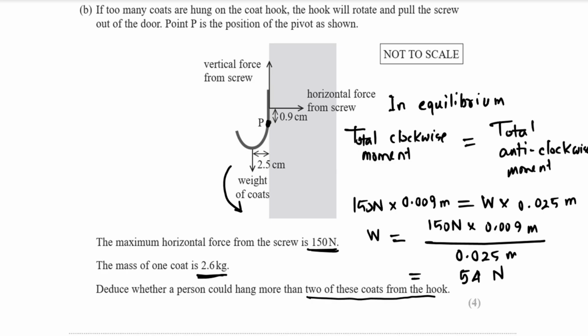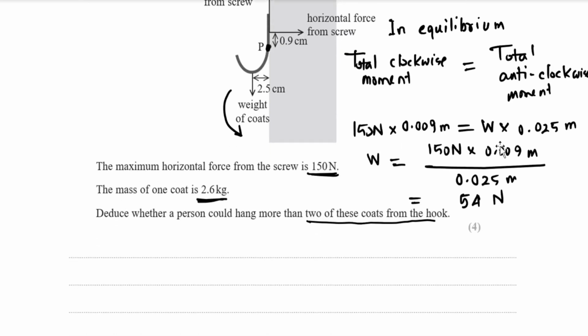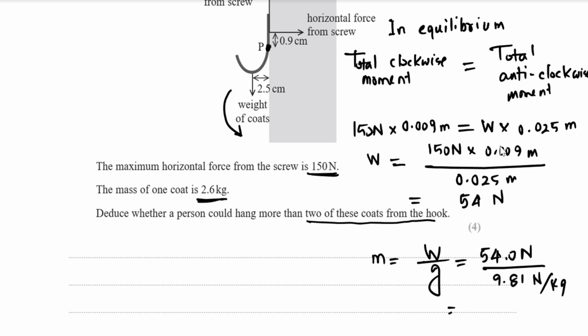So total mass of the coat is M equal to W divided by g. So W, 54 Newton divided by 9.81 Newton per kg. So mass is 5.50 kg.